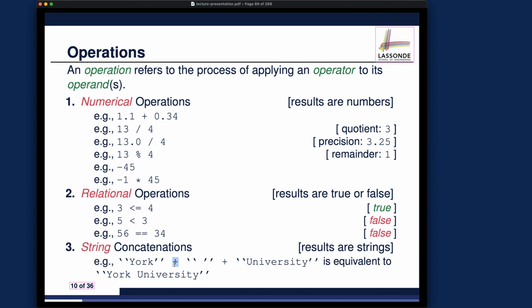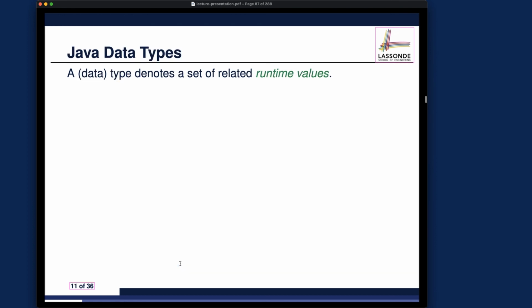In a context where both operands are numbers, plus will add the numbers. But where at least one operand is a string, you're going to do concatenation, which means putting the strings together. So you can see York followed by one space followed by University, and we get York University, a single string literal. I will show you some further tricky examples related to this a little bit later in the lecture. All right, finally, let's talk about something called data types.